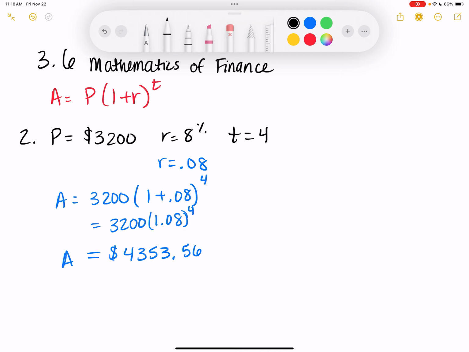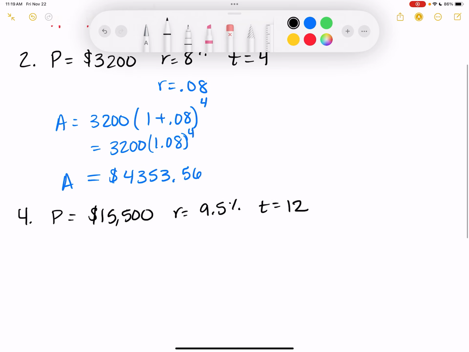All right, for P equals $15,500. R is 9.5%, and T is equal to 12. So we've got a higher rate this time and a lot more years, plus a much larger initial starting amount. So what is R as a decimal? 0.095.